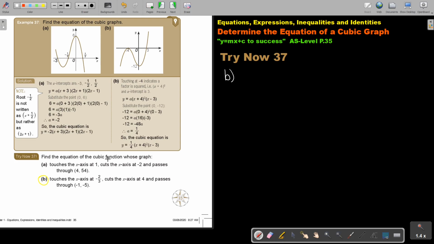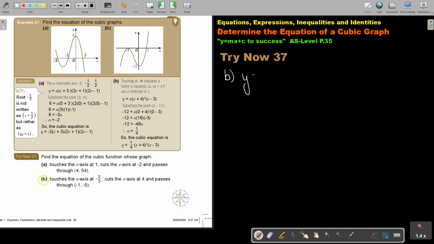Okay, find the equation of the cubic function whose graph touches the x-axis at -2/3, and cuts the x-axis at 4, and passes through this point. Now, just because you can leave it like that, I think I'm going to do it a little bit differently in this case. So let's first start with the formula.